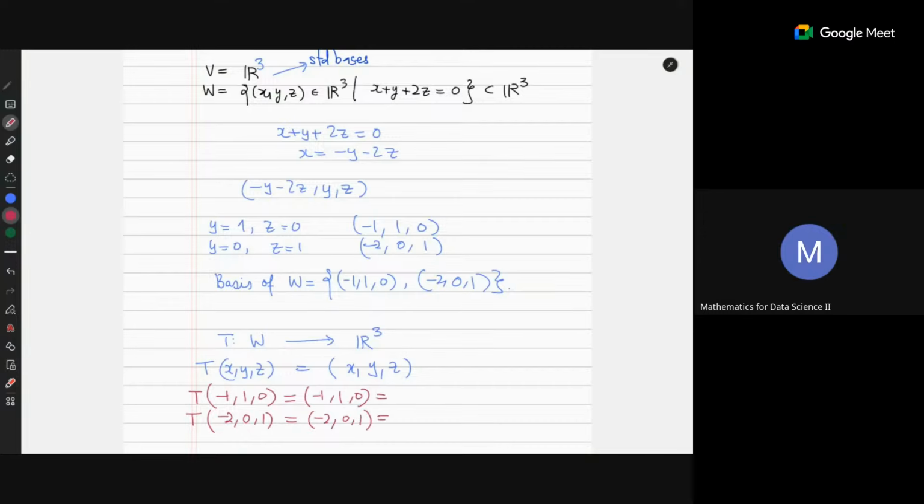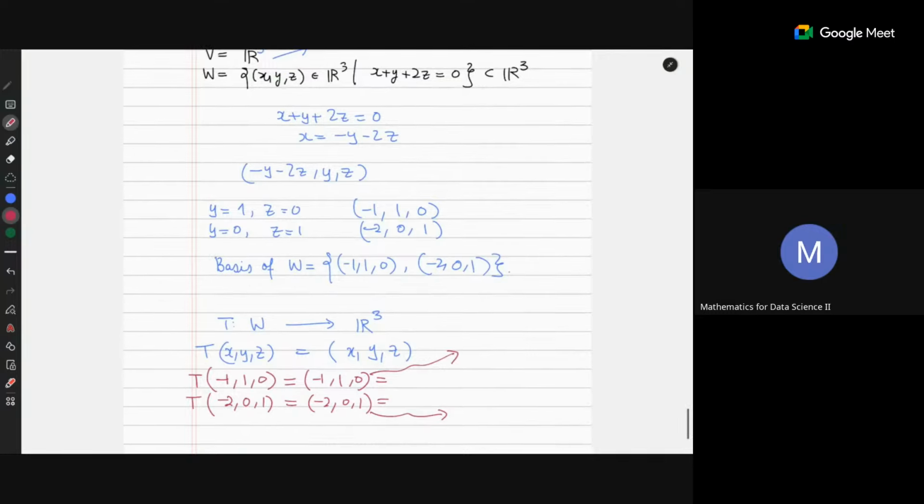Because we are working with the standard basis of R3, we don't need to think much. This will be the column itself. So what is the matrix? Column-wise, -1, 1, 0 and -2, 0, 1. Good.